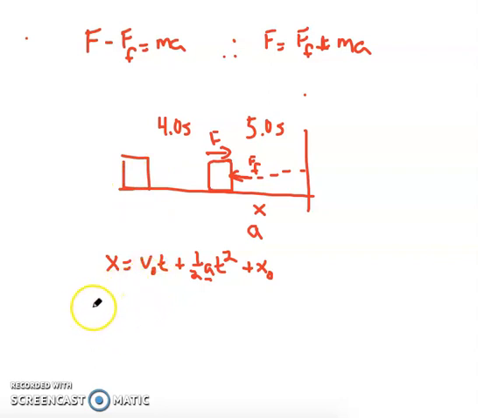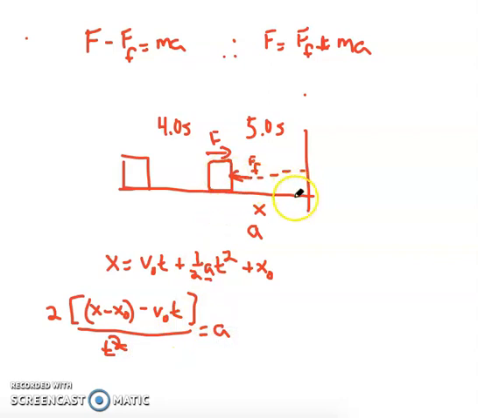So I'm going to have x minus x naught in parentheses, minus v naught t, move that all over, multiply that whole thing by 2, and then divide by t squared. Oops, that should be t squared. And that's my acceleration to get there.